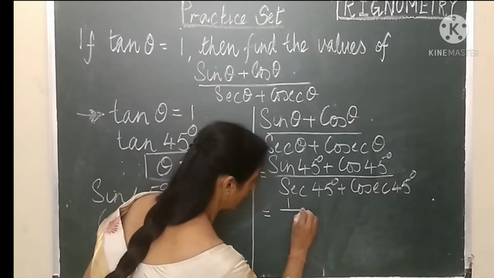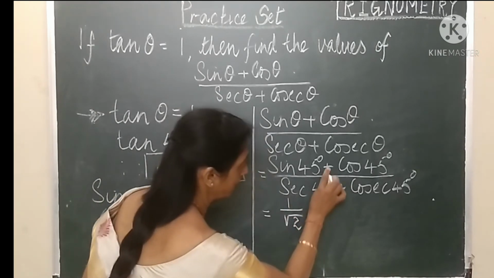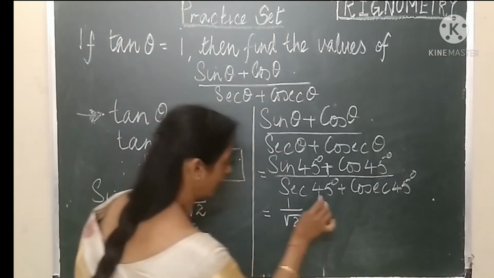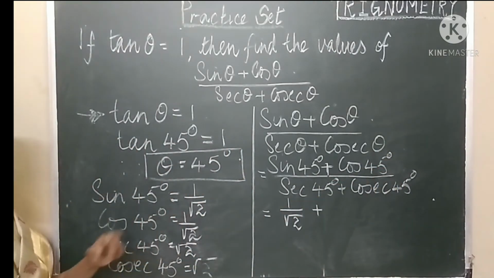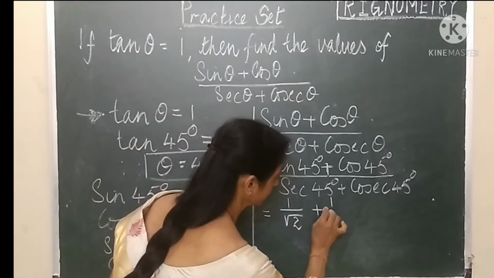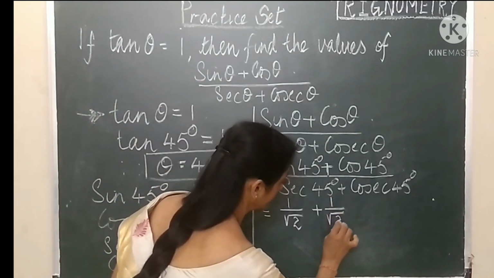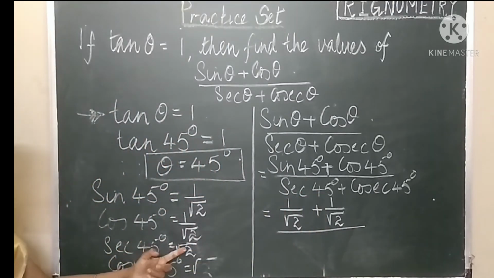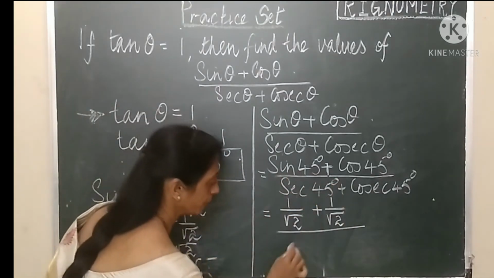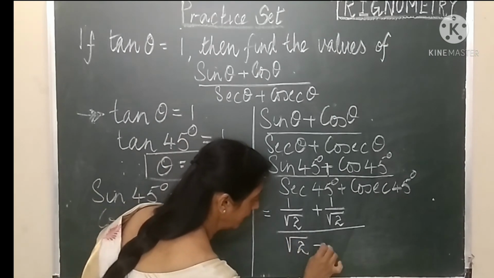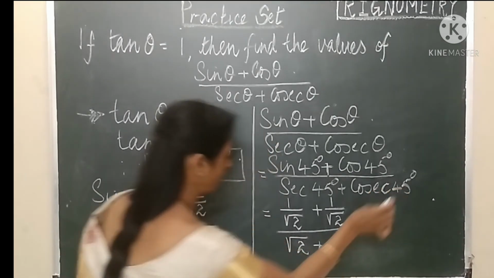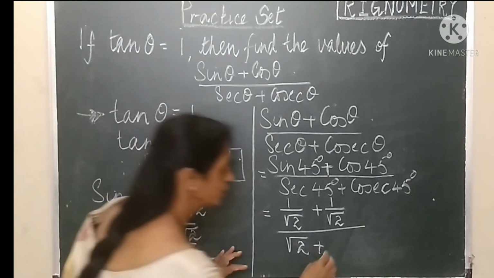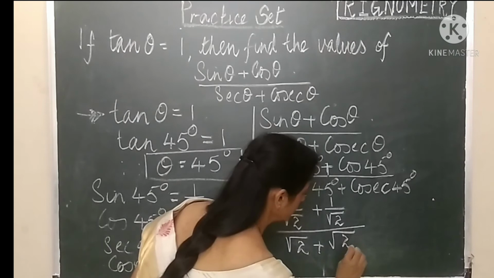So 1 upon root 2 plus, we are just concentrating on the numerator, plus again cos 45 is 1 upon root 2, divided by sec 45, which is just root 2, plus cosec 45, which is again root 2.